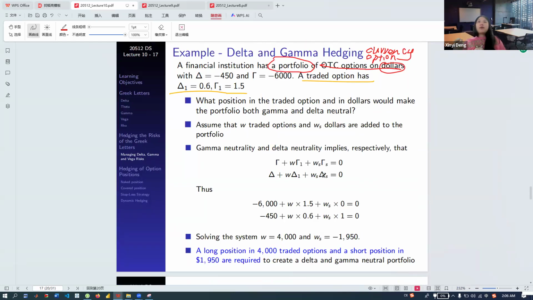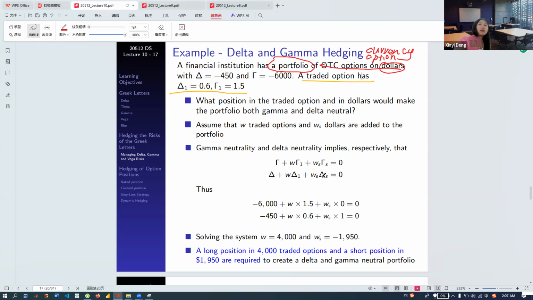Whenever you are asked to achieve two neutralities, like gamma neutral and delta neutral, or delta neutral and vega neutral at the same time, as long as you are required to achieve two neutralities, you actually have to involve two instruments. Obviously, if you only have one unknown but two equations, you cannot solve for a solution, right?